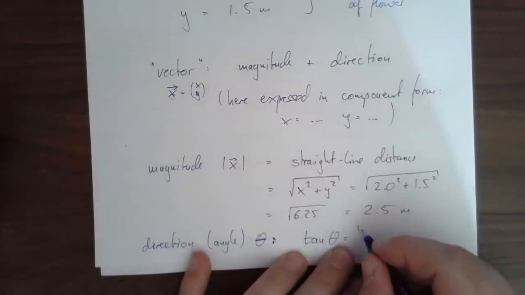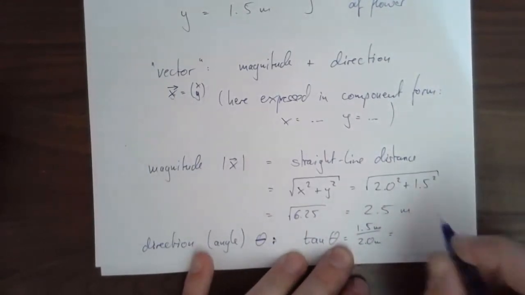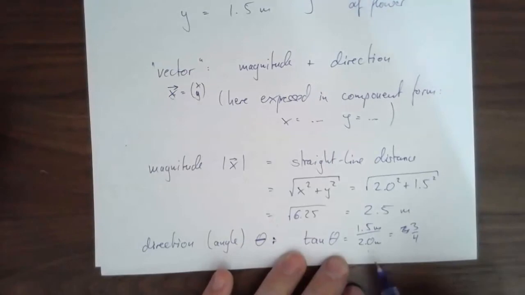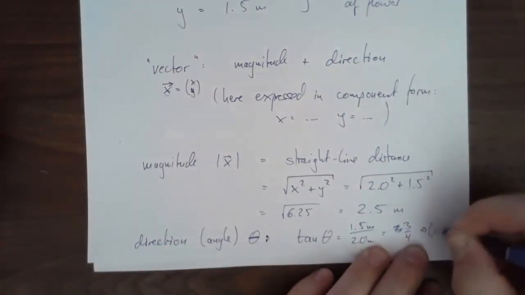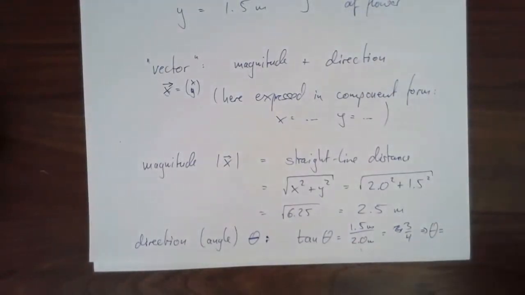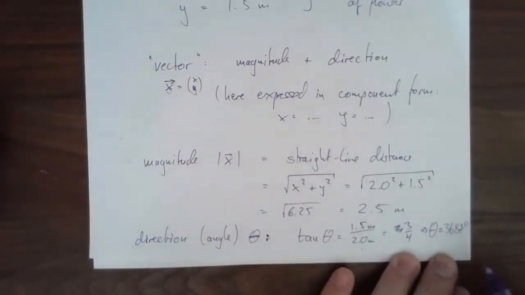So that is 3/4, 1.5 over 2, and so that makes theta equal to 36.87 degrees, I think.